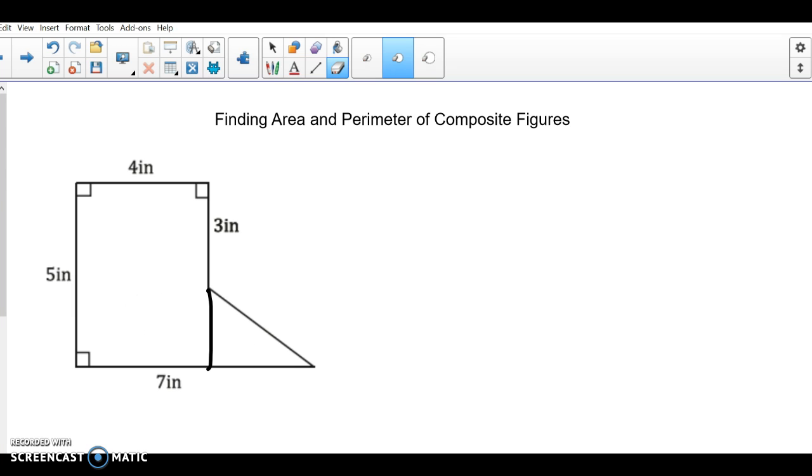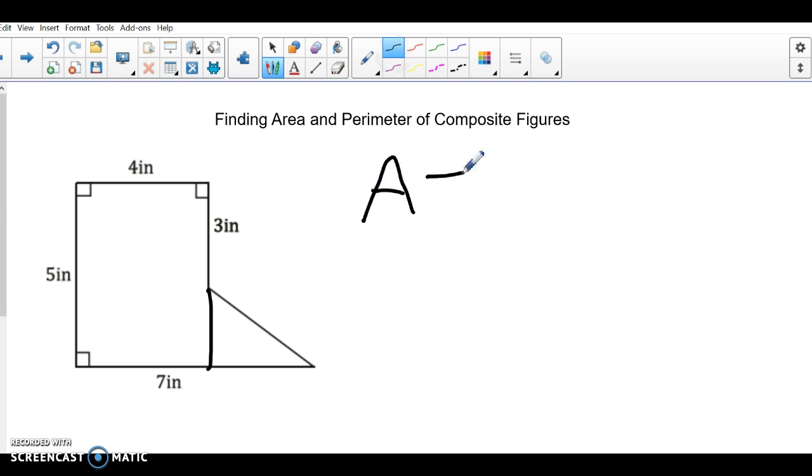All right, so let's start with the rectangle. As we all know, the area formula for a rectangle is length times width. So let's identify the length and the width of this rectangle. It looks like we have a length of 5 and a width of 4.